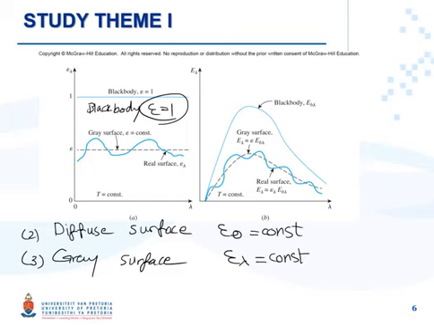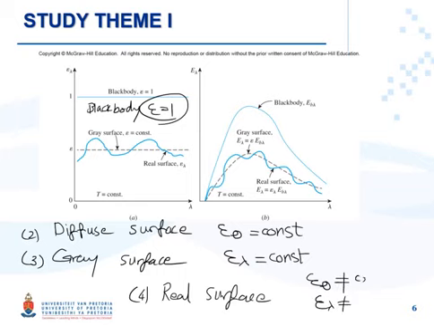Why? Because the emissivity is independent of wavelength. And the fourth one is a real surface. For a real surface, neither epsilon theta nor epsilon lambda are constant.